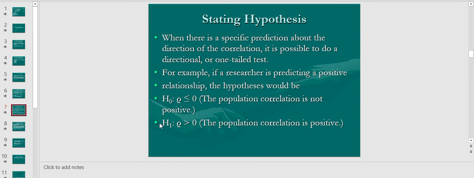And the alternative to the null hypothesis states that rho is greater than 0. The population correlation is positive.